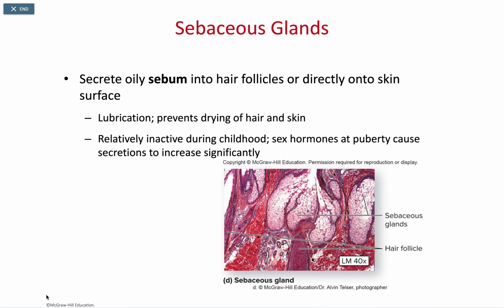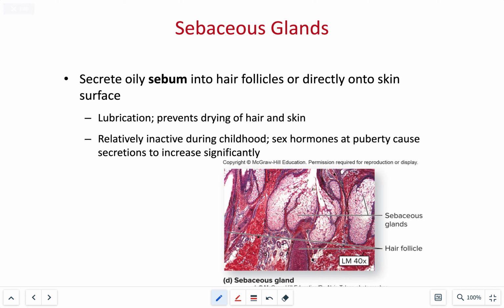The sebaceous gland is a holocrine gland, which means it releases an oily lipid secretion directly into the hair follicle, and that secretion is called sebum.